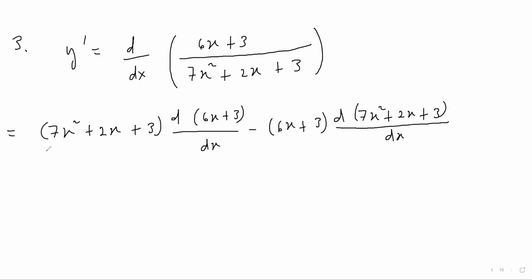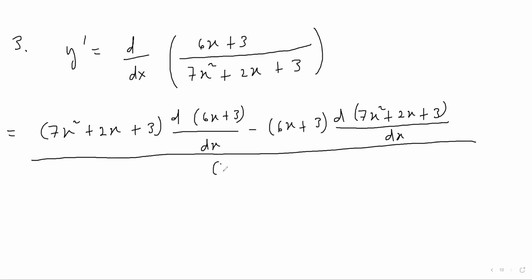Then you divide all of this by 7x squared plus 2x plus 3 to the power of 2.